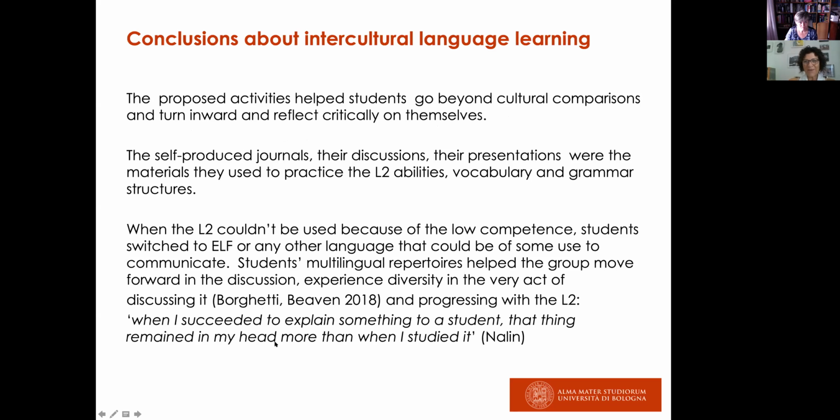And last but not least, what are our conclusions about intercultural language learning? We can say, first of all, that the proposed activities help students go beyond cultural comparison and turn inward and reflect critically on themselves. Data show an impact on self-reflexivity.